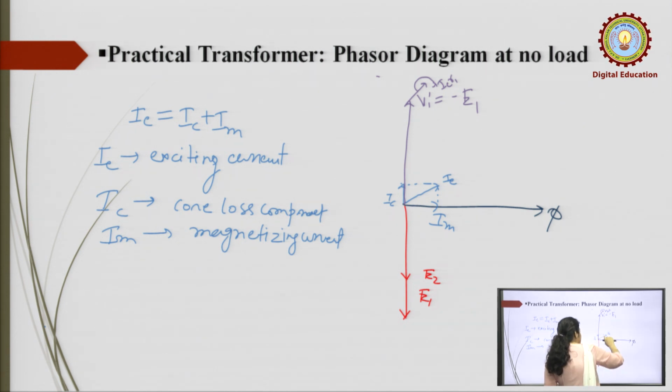So, you have to draw the phasor at 90 degrees to I. So, it is like this. So, this is I XL1.